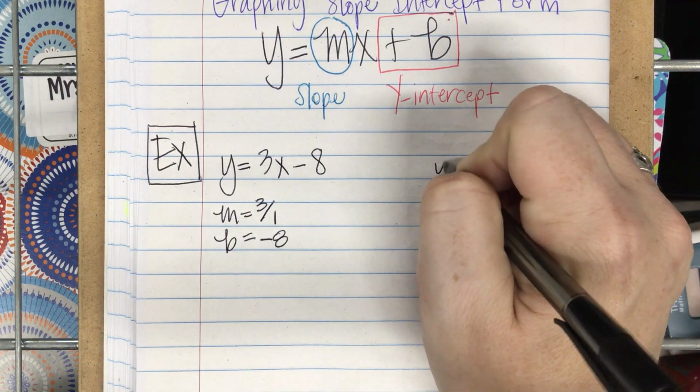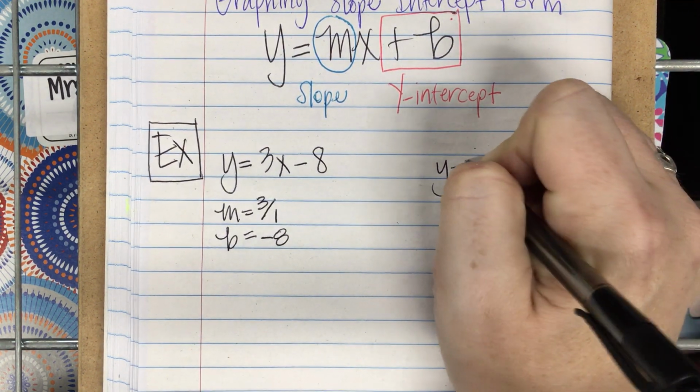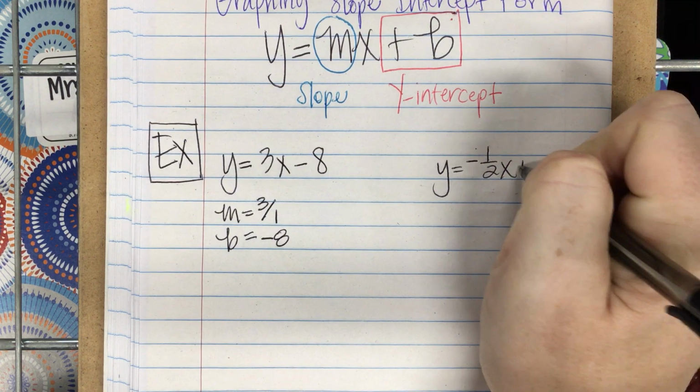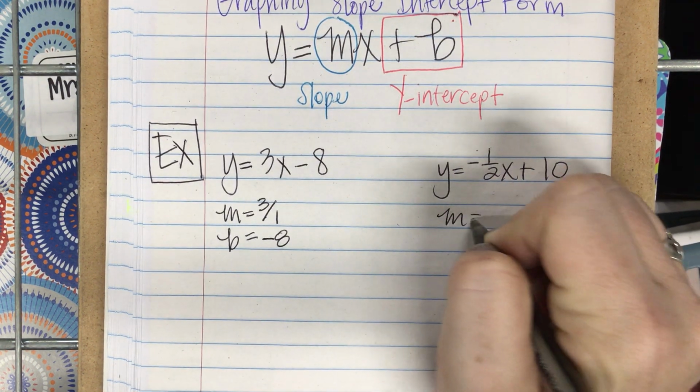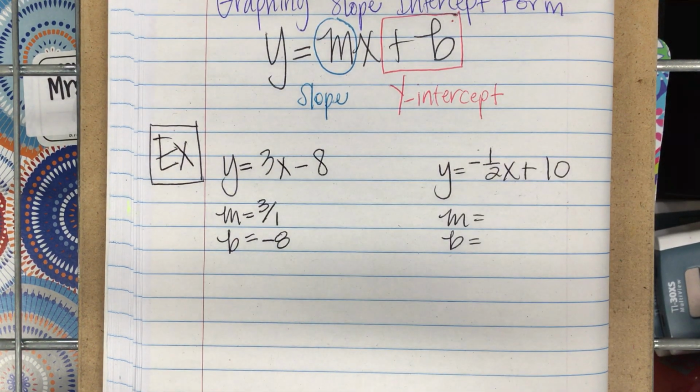So let's do this one. Y equals -1/2 x plus 10. Find the slope. Find the intercept. Who's got the slope for me?